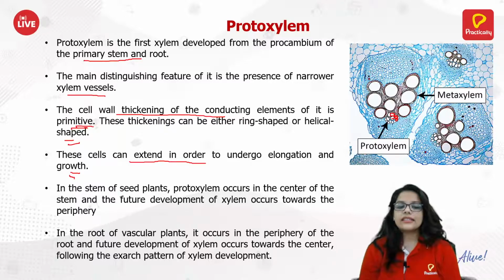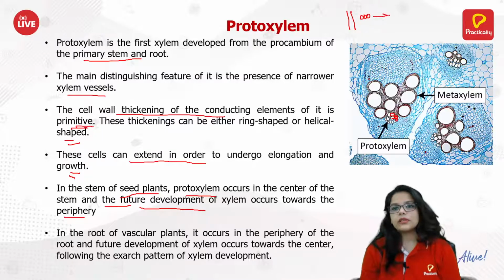In the stem of seed plants, protoxylem occurs in the center of the stem, and the future development of the xylem occurs towards the periphery. Suppose this is a stem: protoxylem occurs in the center, and future development goes outwards.